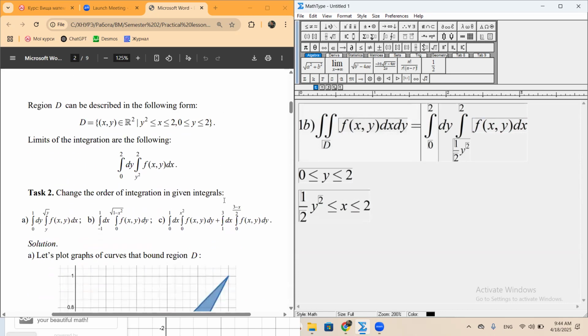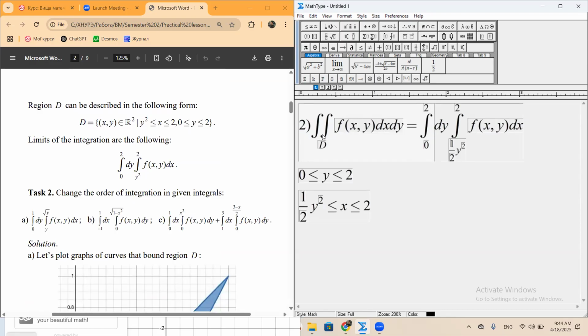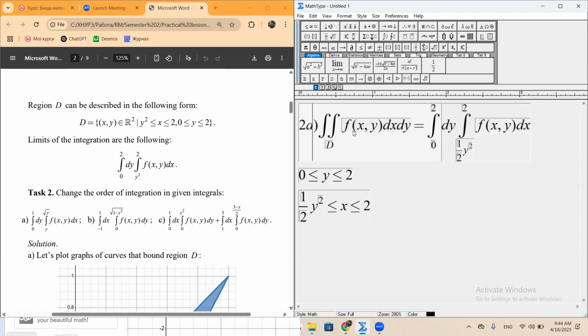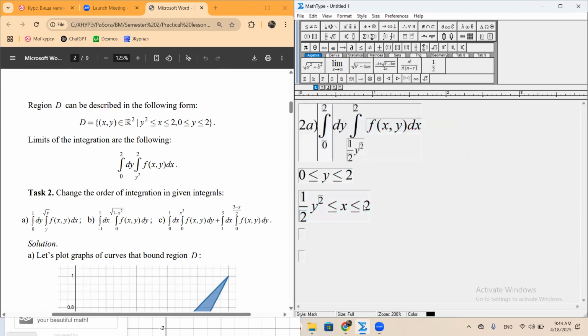Now we will change the order of integration in the following integrals, and it will be a good practice. The first integral will be the following. Let me erase it.